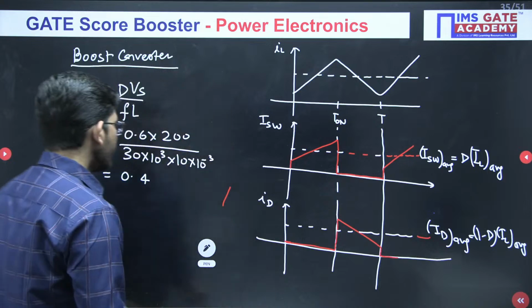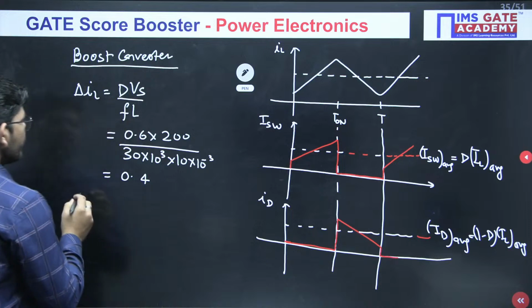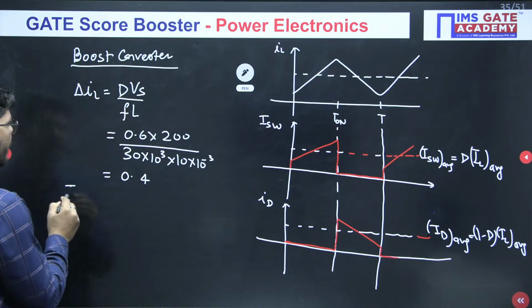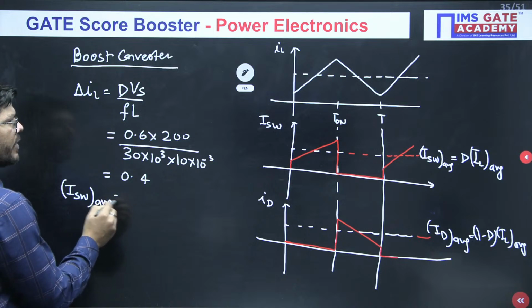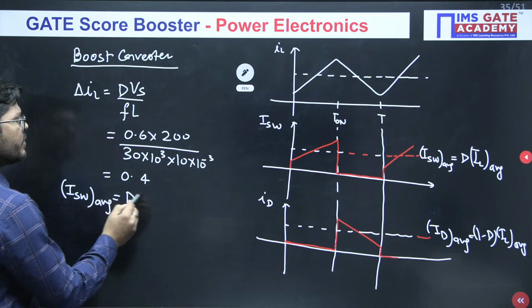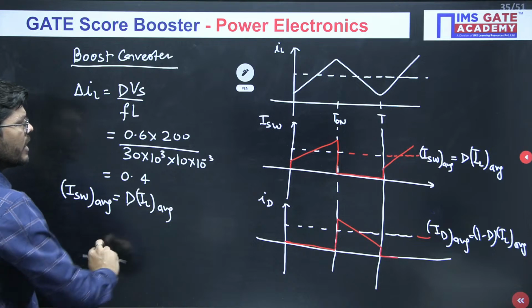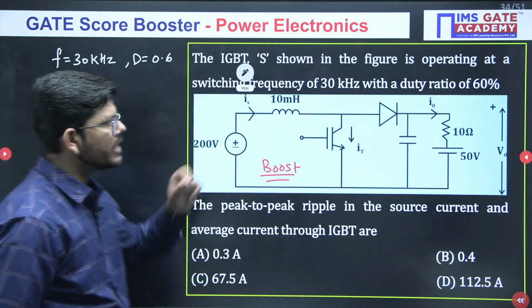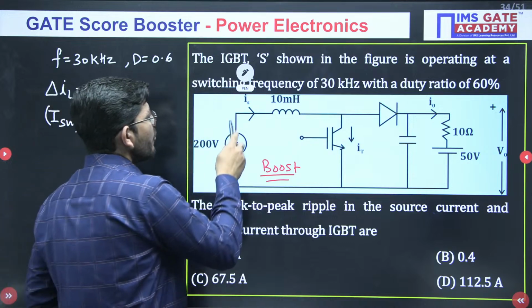Okay. So what do we have to find here? We have to find the value of switch current. So focus on switch current. The average switch current is D times the average inductor current. Now what will be the average inductor current here in case of the boost converter? Just see here.